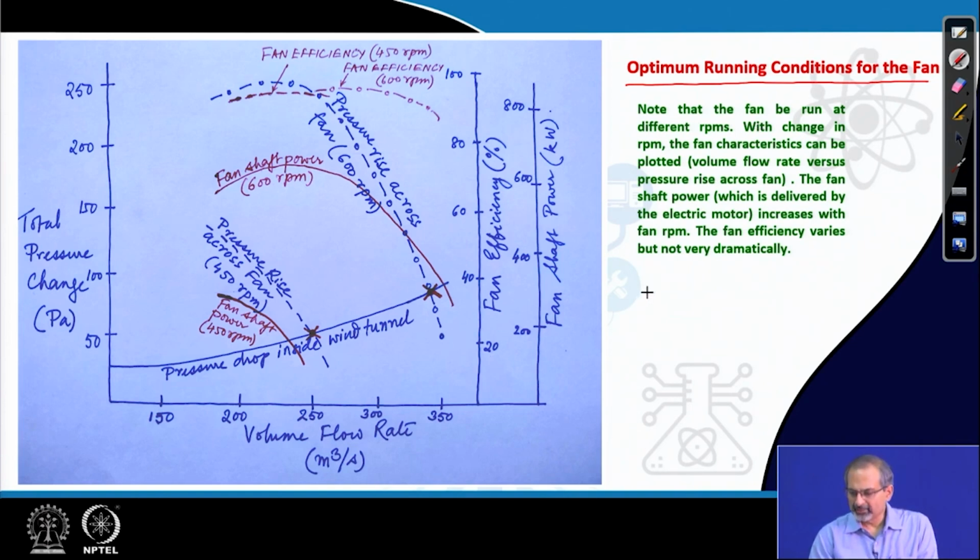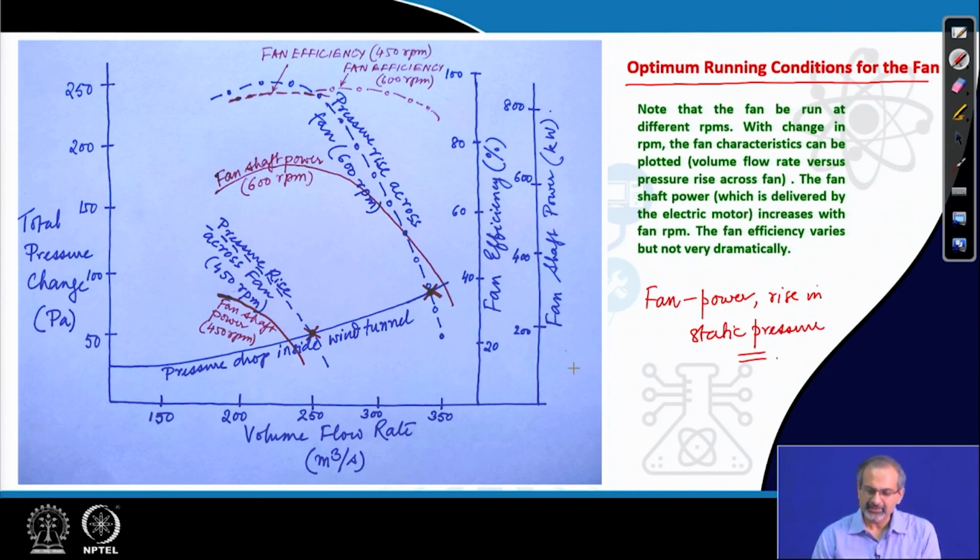We know that the fan provides necessary power and rise in static pressure to keep the tunnel running. If you look at the fan's characteristic, then what we have to keep in mind is that the fan can operate at different RPMs.